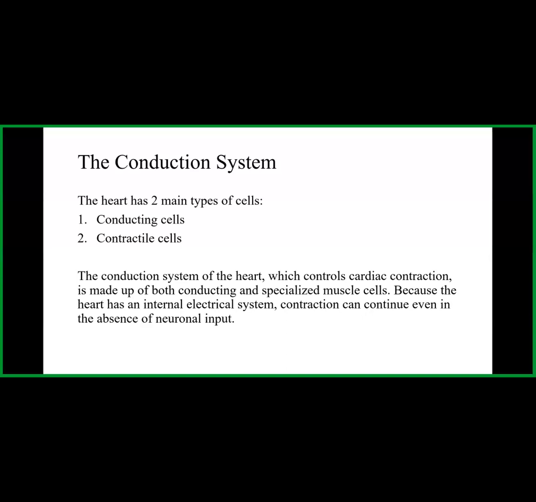The contractile cells can also propagate and sometimes generate electrical impulses, but when they do so, we call them ectopic generations because they're not coming from the normal point of origin, as we will see later in this presentation. The conduction system of the heart is the system that controls cardiac contraction, responsible for the contraction and relaxation of the heart.